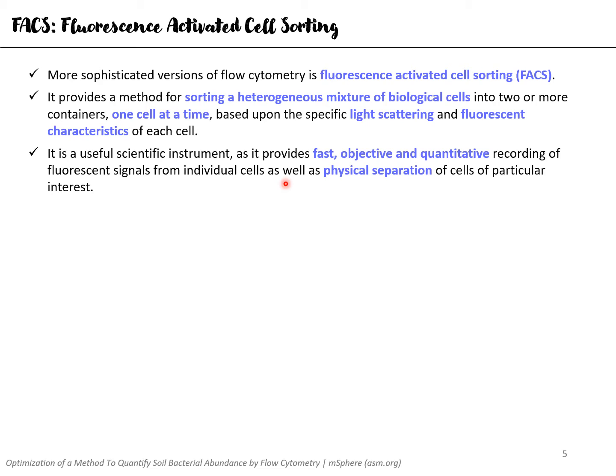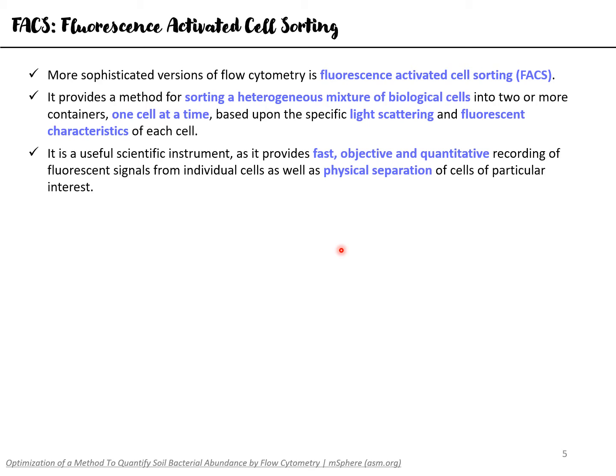So it is very important to keep in mind that whatever information that you're collecting from FACS or from flow cytometry for that matter is of individual cells. And not only does it provide this quantitation, but also allows physical separation of cells of particular interest.